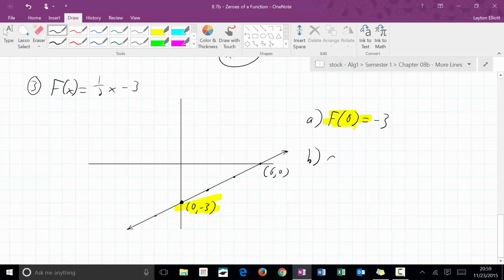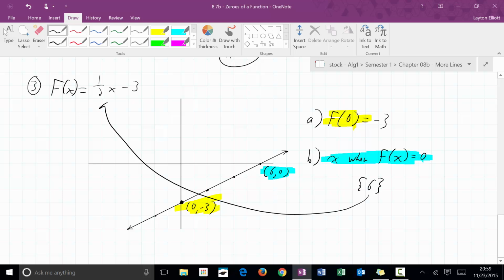And for part B, x when f of x equals 0, that's just this thing. That's the x-intercept. It means, what do I have to plug in to get 0 out? And that is 6.